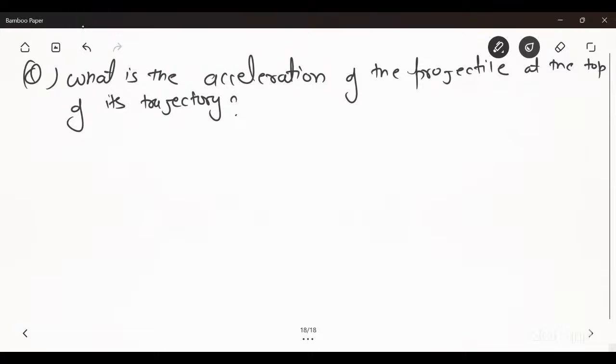So we know that the acceleration due to gravity always acts downward. So during its whole motion, the acceleration due to gravity acts vertically downward.